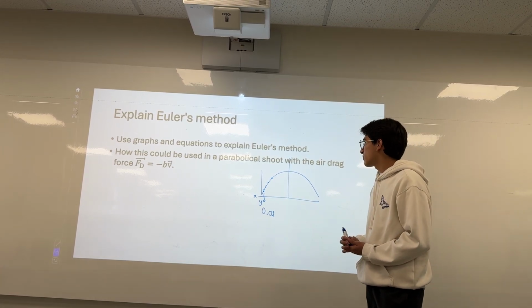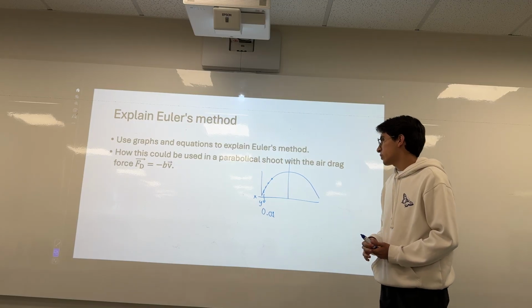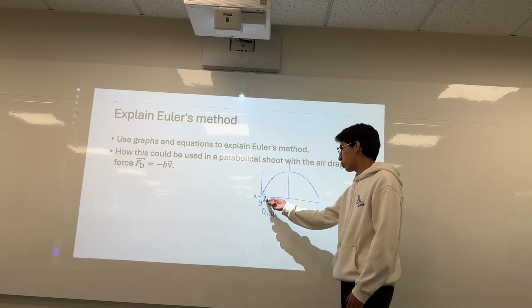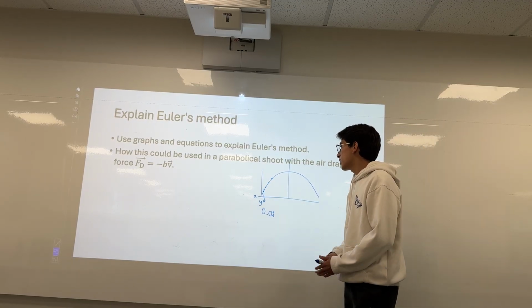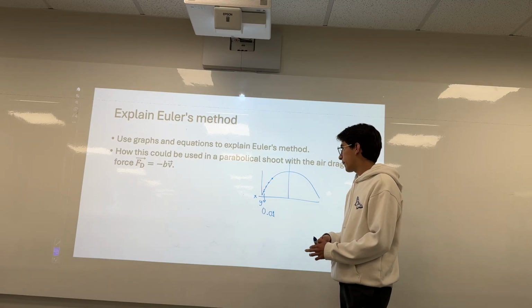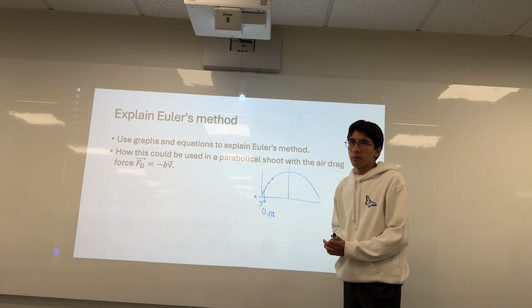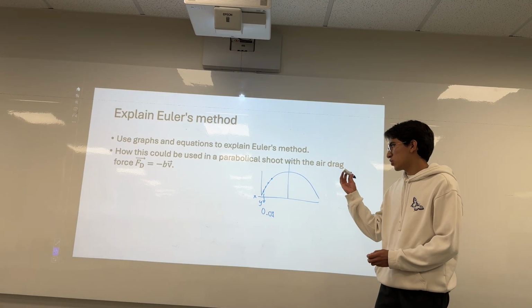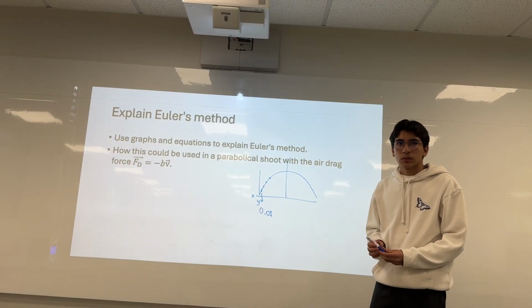So the Euler's method is an evaluation of our points in x and y, so we can make a diagram of the shoot. That's the plot of the shoot, right?